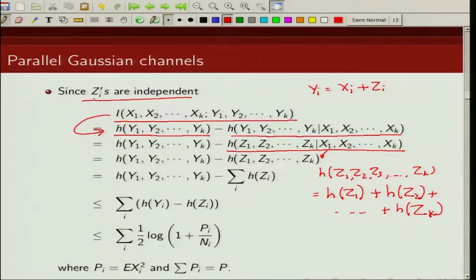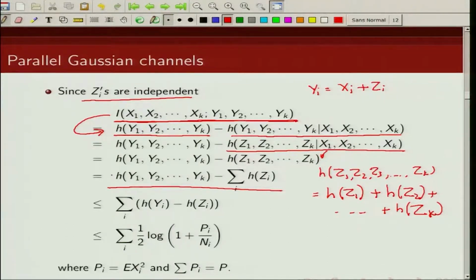This is because the zi's are independent. So then the mutual information between x1, x2, x3, xk and y1, y2, y3, yk is given by this expression.